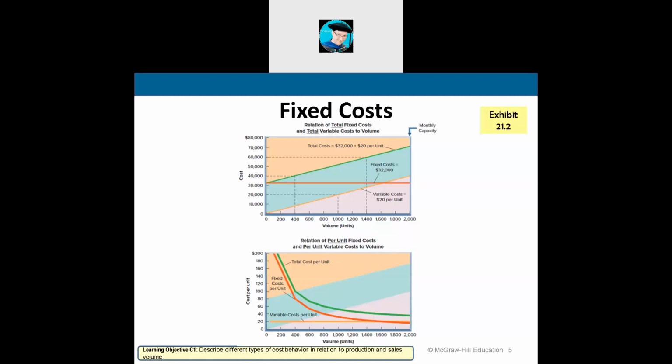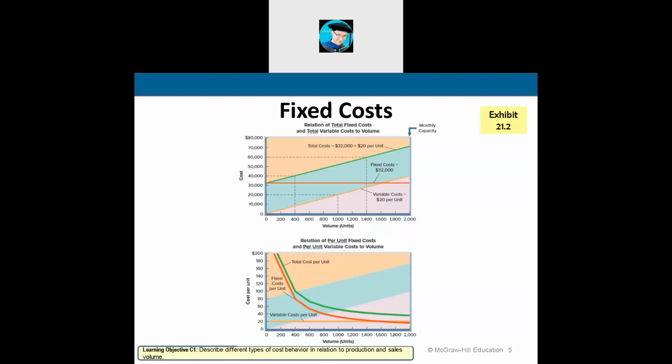And we'll talk more about that in the next few slides. So that's the relationship between fixed costs and variable costs from a general perspective, with respect to total cost. Everyone understands total cost, fixed plus variable? Yes, sir. Awesome. Thank you, Peter.